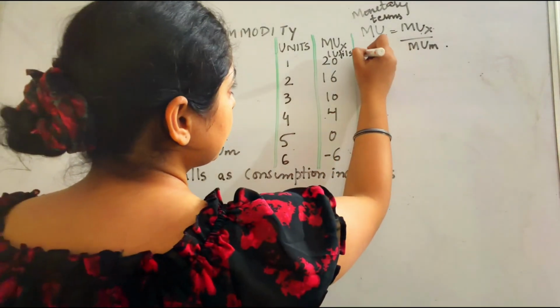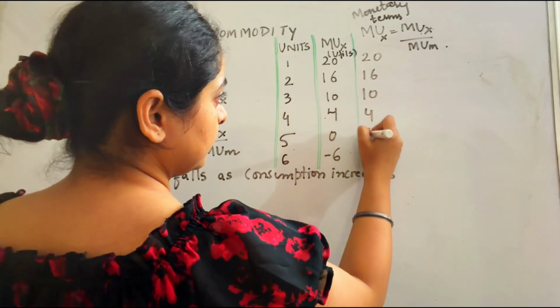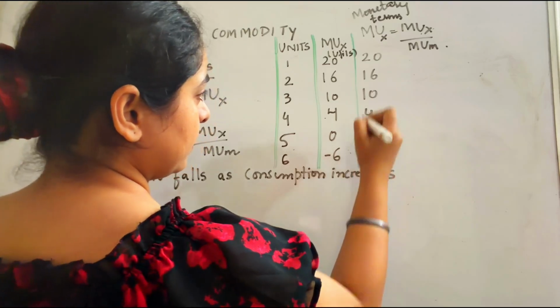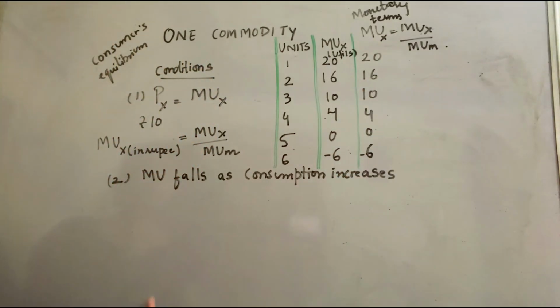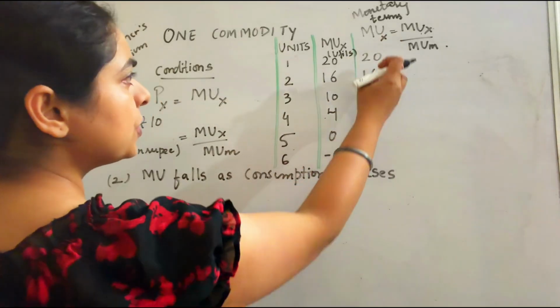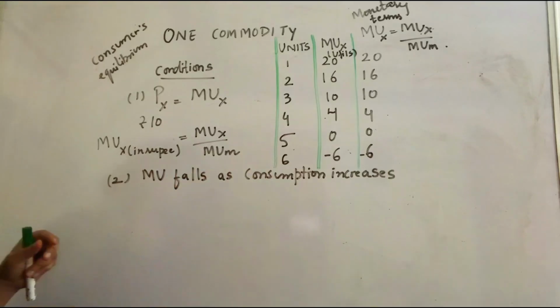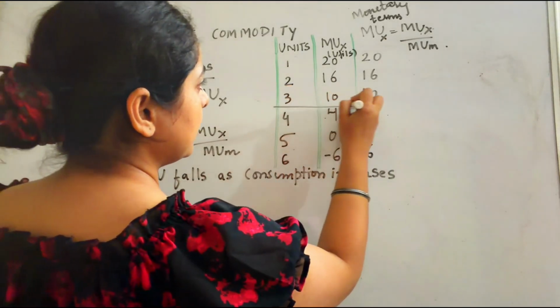So here we'll get the same values. In the given scenario, price of X is 10, marginal utility is again 10. So that means the consumer is in equilibrium at the third unit.